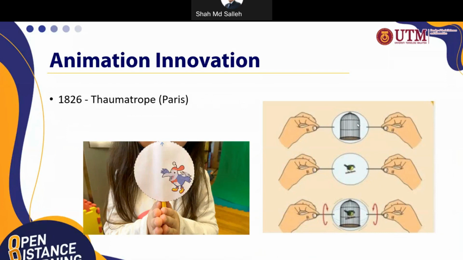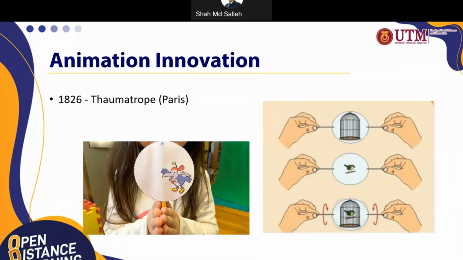First the cage drawing, and then behind it a bird, and we pull this rope, and then it moves, and the illusion of the two drawings combining is provided, the final animation, which is the bird shown in the cage.